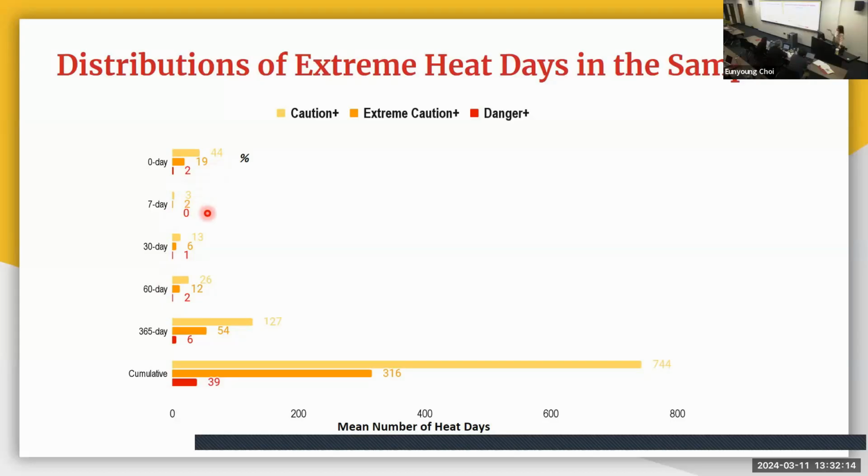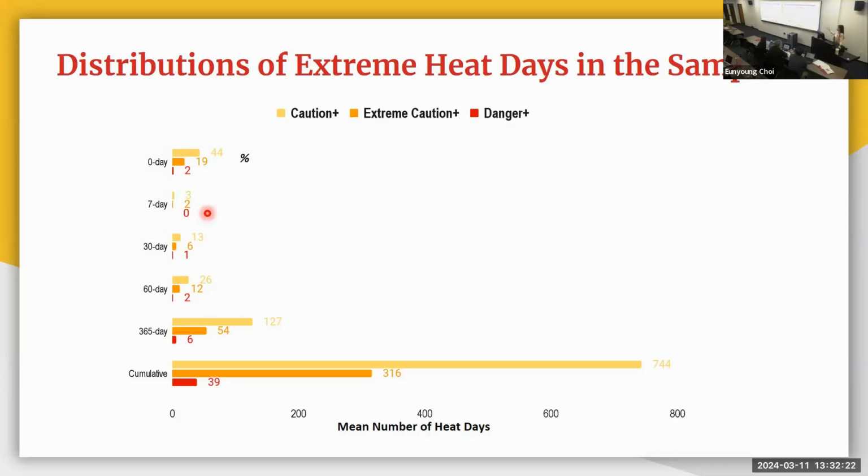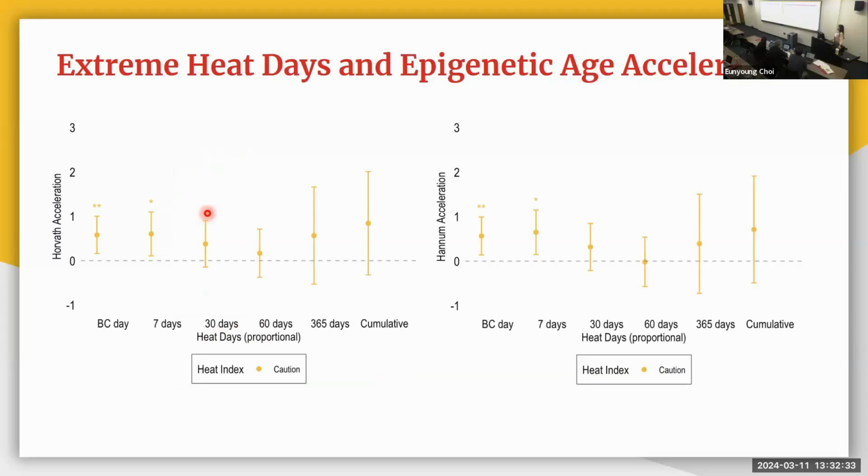But by looking at this descriptive graph, we decided to focus just on the caution level and extreme caution level, because there is very little distribution of the danger level of extreme heat, which wouldn't allow sufficient further analysis. And now it shows the main findings.